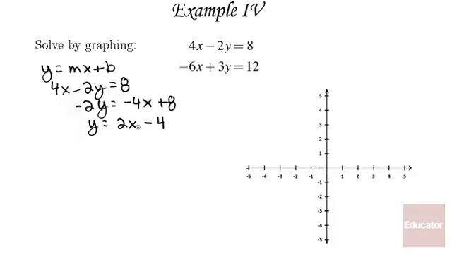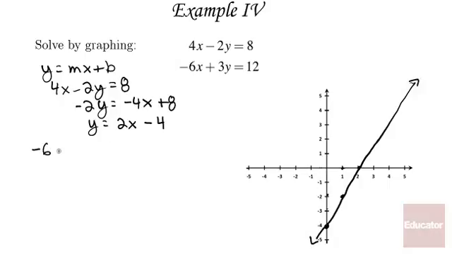Okay, the y-intercept is negative 4. The slope is 2. Increase y by 2, increase x by 1. Increase y by 2, increase x by 1, and so on. I have 3 points. That's plenty to graph this line. So that is my first line.